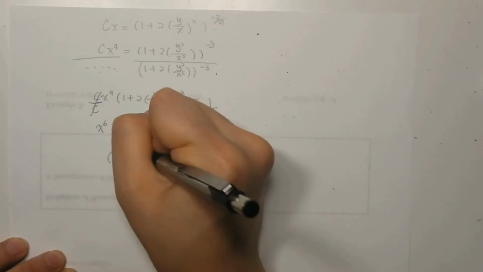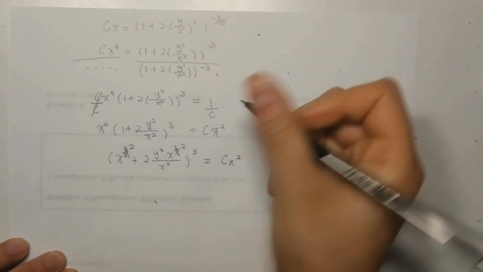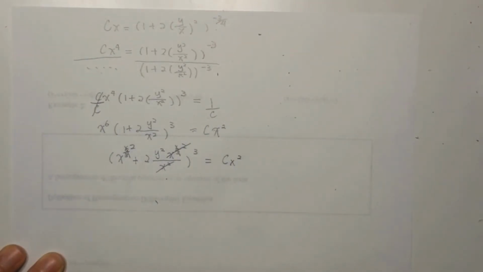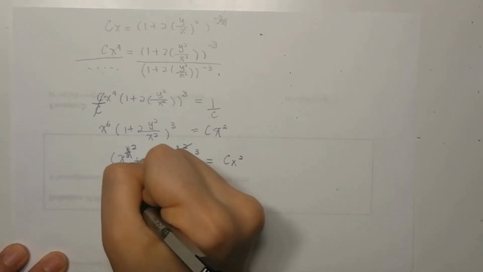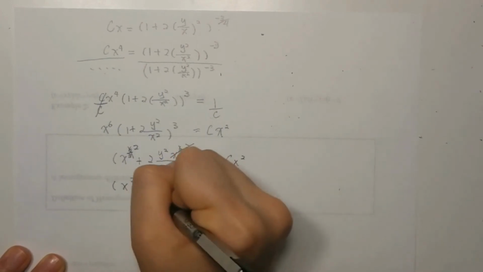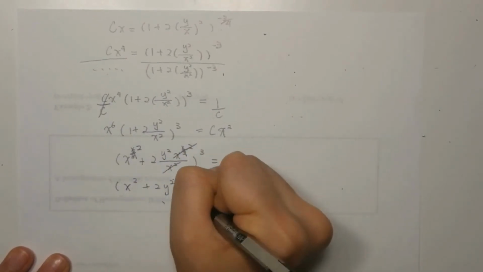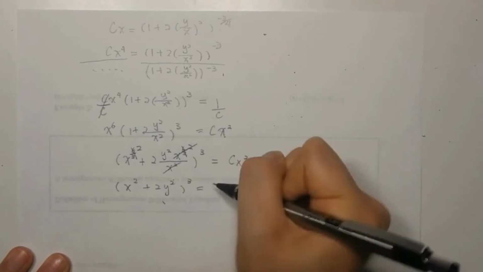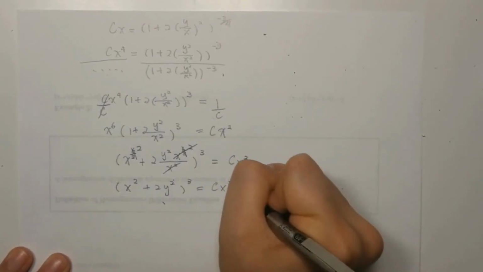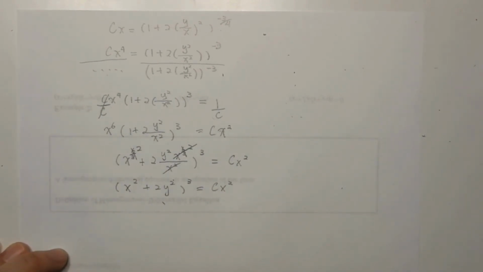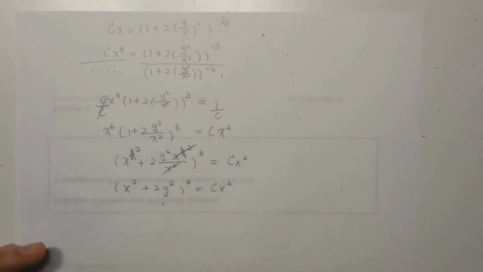Well, that is equal to 2, and that is also equal to 2, which again we can cancel out, which leaves us with x to the power of 2 plus 2y to the power of 2, all to the power of 3, is equal to c x squared. And that will usually match up or will be similar to the back of the book.